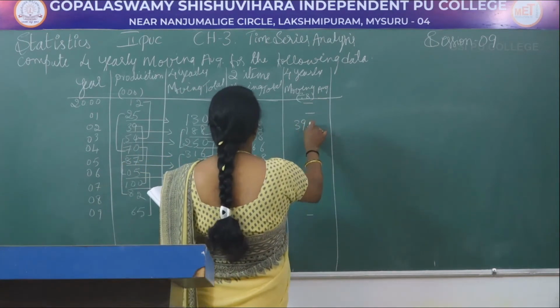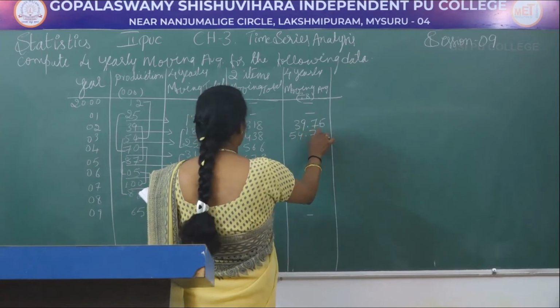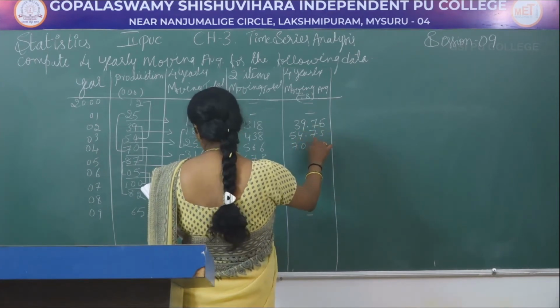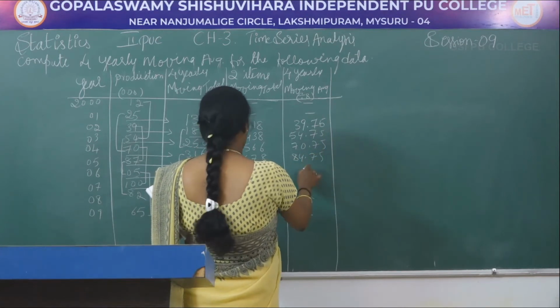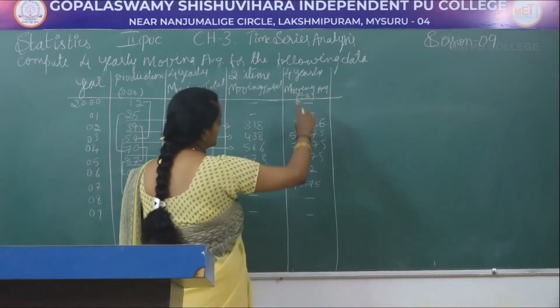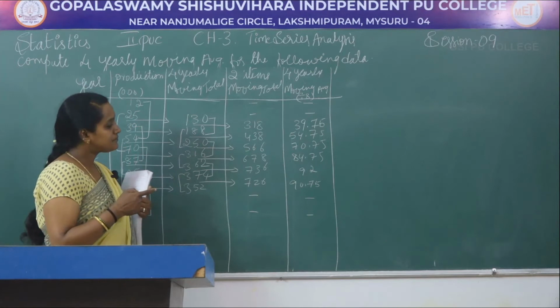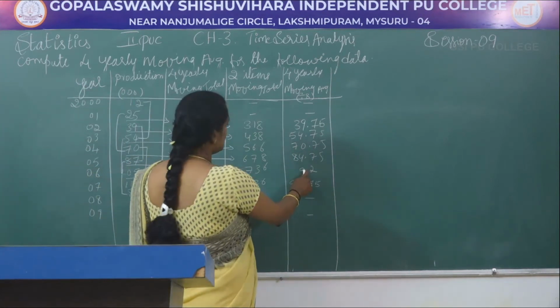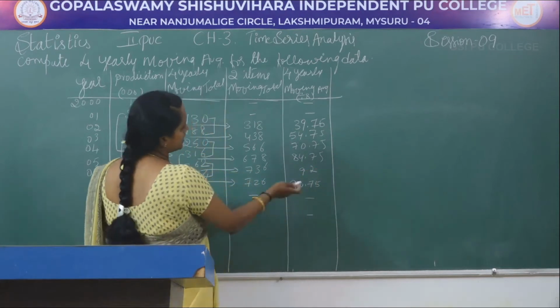And now I am writing the average value or the trend value: 54.75, 70.75, 84.75, 92, 90.75. Again you just observe the average values. Everywhere it is increased. Till here it is increased, at last it decreased.